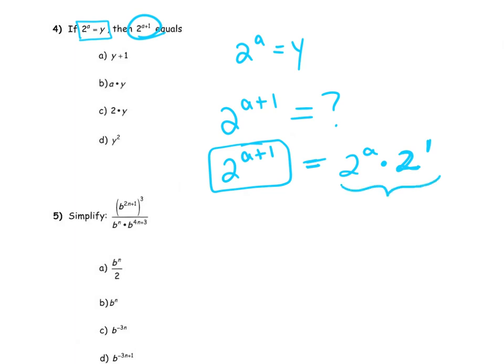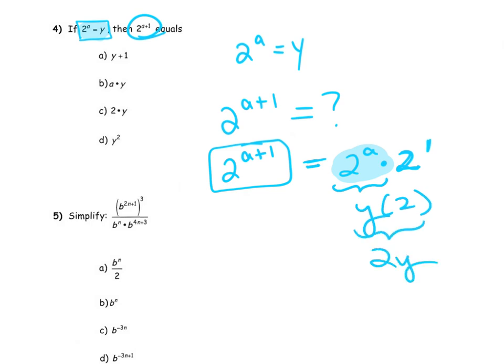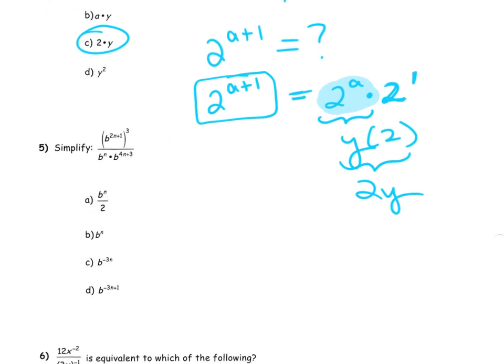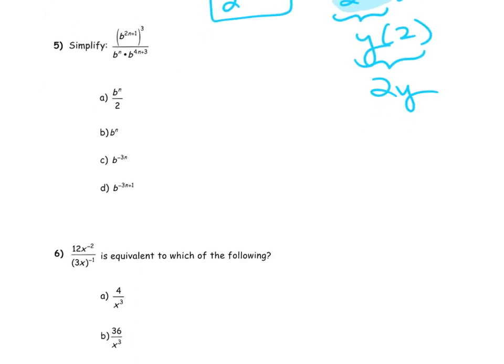Because if I were to re-simplify that again, I get right back to where I was. And we're given that 2 to the a is y. So this here is y multiplied by 2. So it's just 2y. That's it.